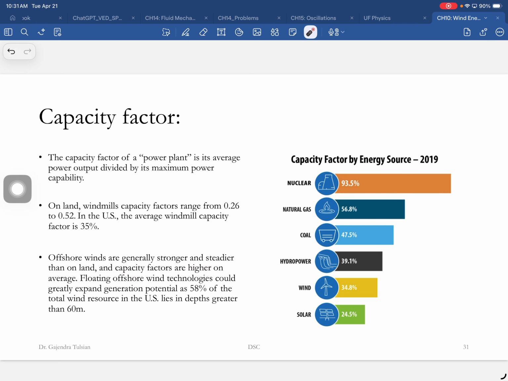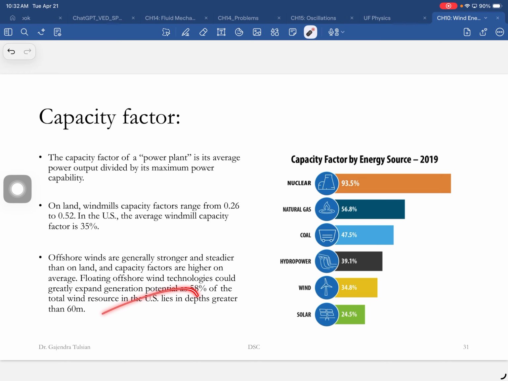Floating offshore wind technologies could greatly expand generation potential, as 58% of the total wind resources in the US lie in depths greater than 60 meters. If you go to the deeper side of the ocean, building a tower might be expensive, so building floating windmills might be the way to go.